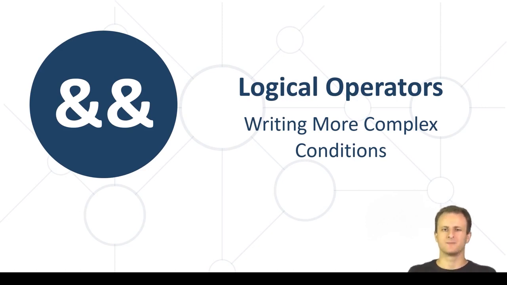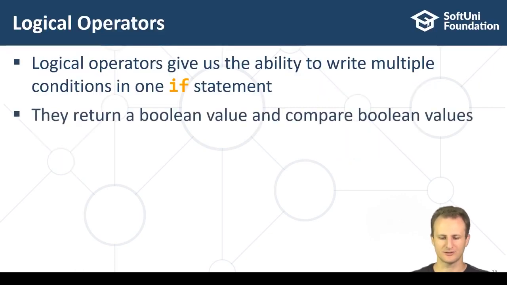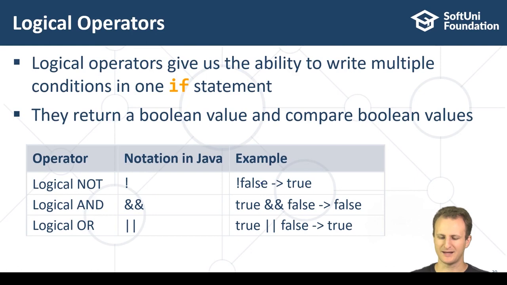Now we've already seen the comparison operators, and we've seen how they can be used in if statements, in conditional statements. What we need to add to that are the logical operators. The logical operators are what allows us to combine true and false values into a single expression.